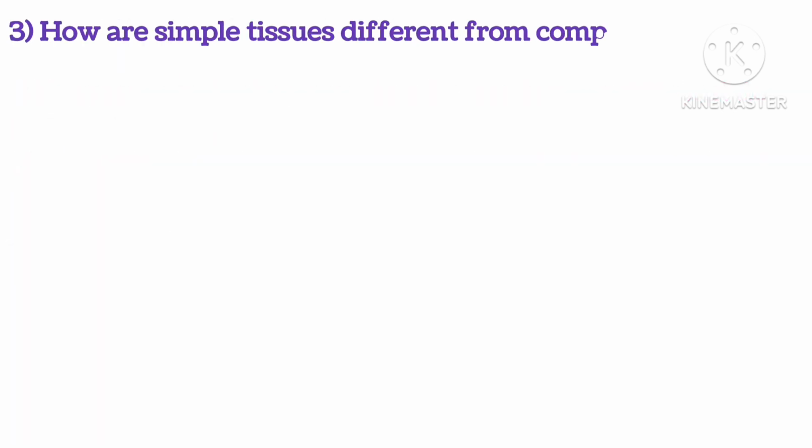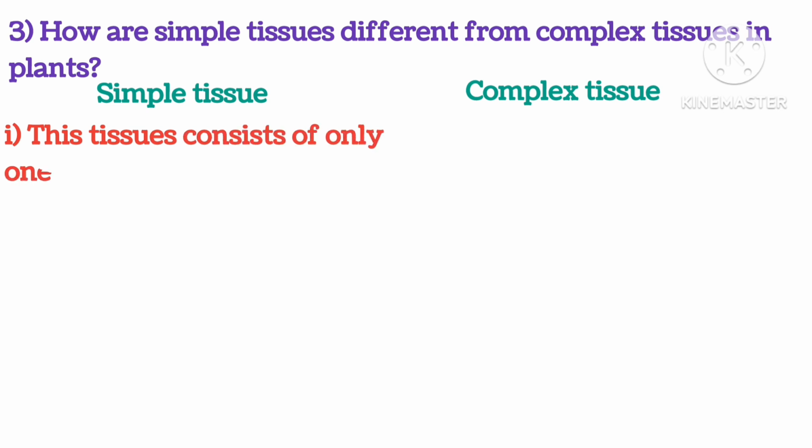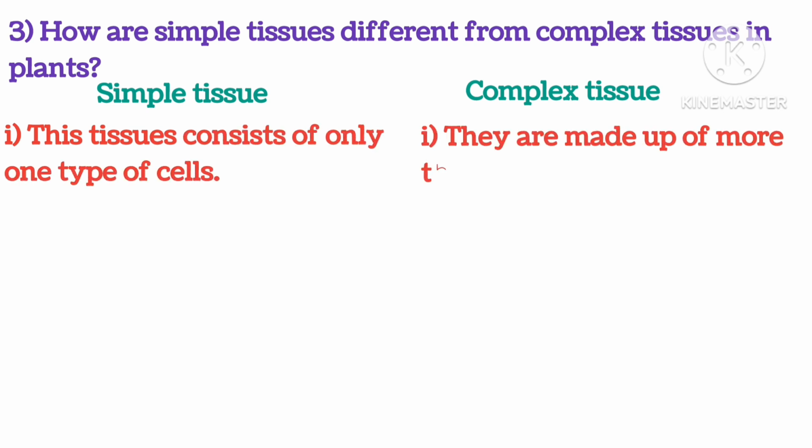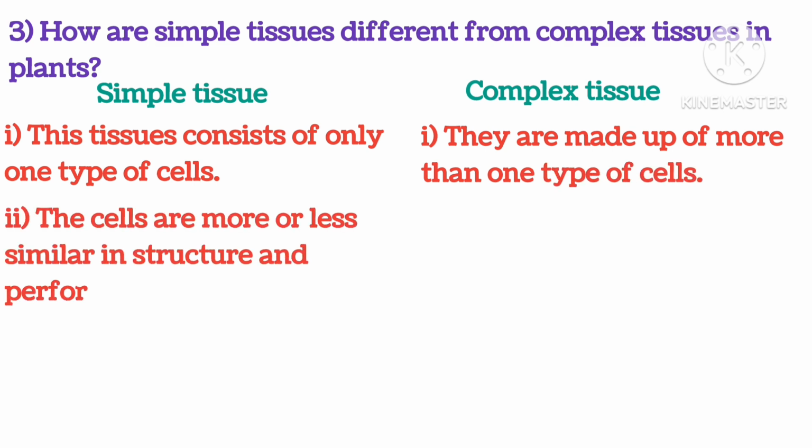How are simple tissues different from complex tissues in plants? Simple tissues consist of only one type of cells, whereas complex tissues are made up of more than one type of cells. Simple tissue cells are more or less similar in structure and perform similar functions.